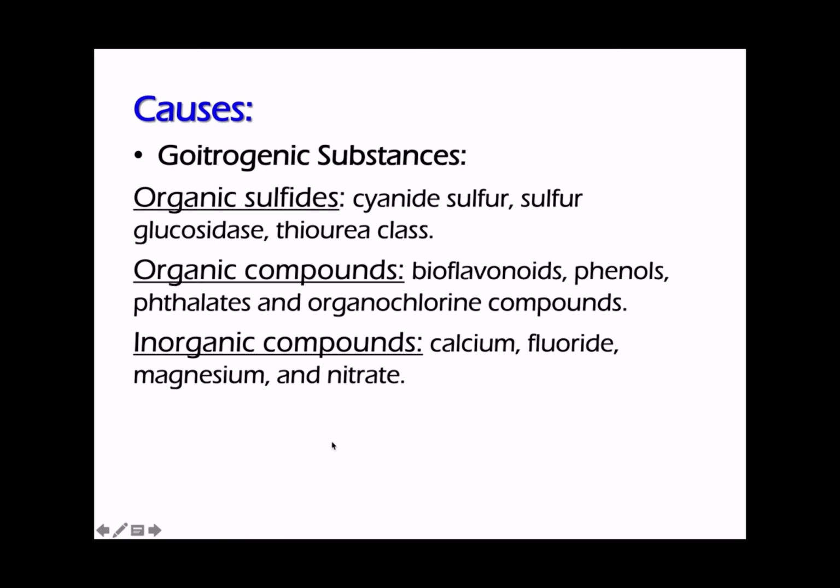Other than that, goitrogenic substances can also cause goiter. Goitrogenic substances are the substances that will influence and disturb the generation of thyroid hormones. They include organic sulfates, organic compounds, and also inorganic compounds.